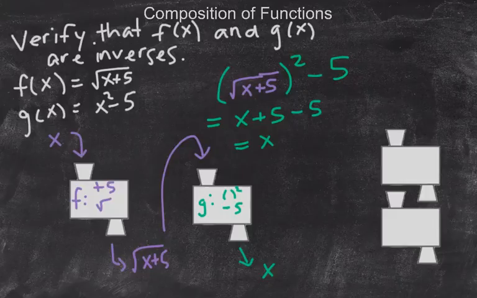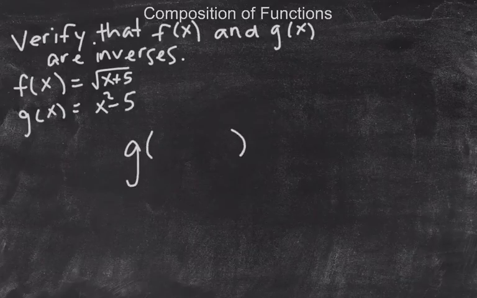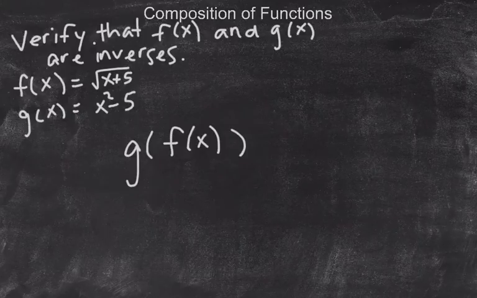This shows that no matter what value x takes, if you input it to one function, you'll get an output, and if you put that output into the next function, you'll get back your original input. Now if I wanted to do this without the function machines, what I would want to show is that when you take g of x and you input f of x, you get back your input.